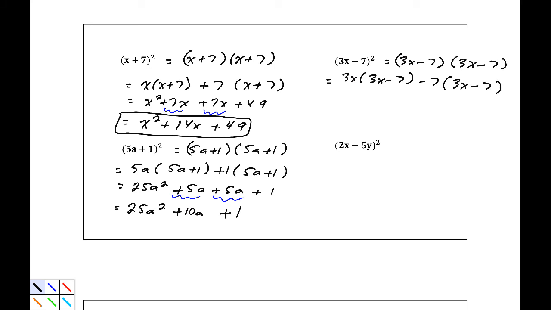Distributing a 3x to 3x minus 7 results in 9x squared minus 21x. And distributing a negative 7 to 3x minus 7 results in minus 21x plus 49. I can combine the two x terms to result in 9x squared minus 42x plus 49.